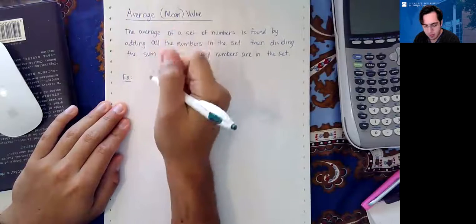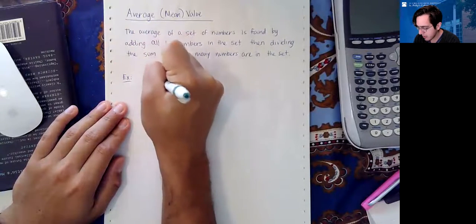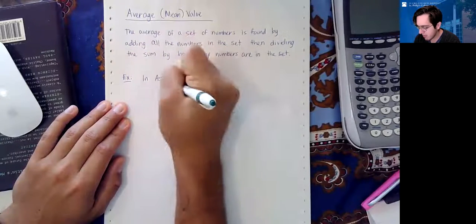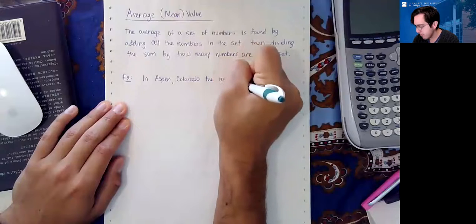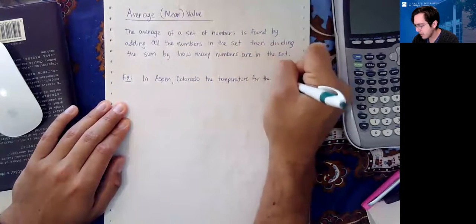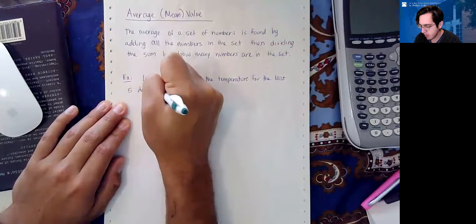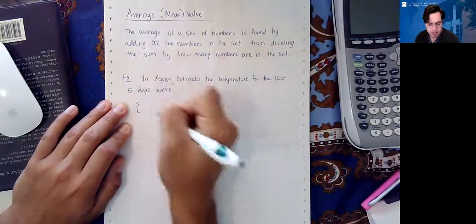Let's say that we're thinking about temperature in Aspen, Colorado. So in Aspen, Colorado, the temperature for the last 5 days were, I'm going to write these numbers in a set.